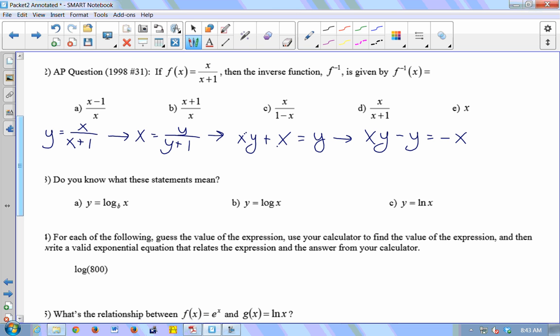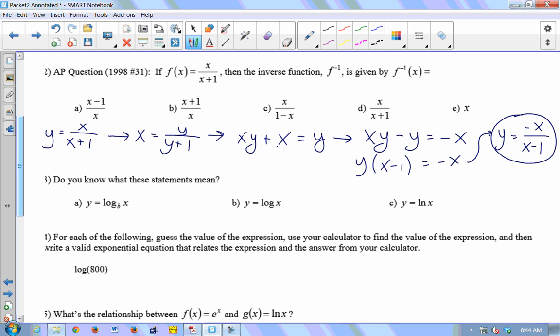So ideas now. Factor out the y. Yeah. So this says y times x minus 1 equals negative x. And then to finally get the y by itself, divide both sides by x minus 1, and you get y equals negative x over x minus 1.